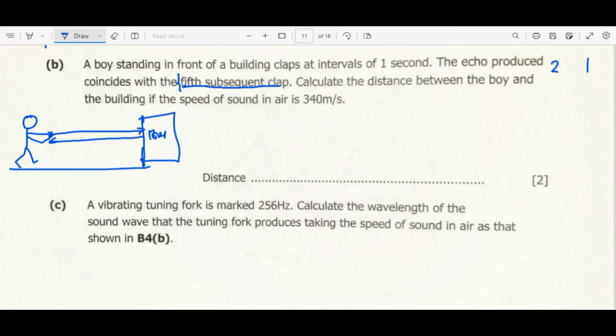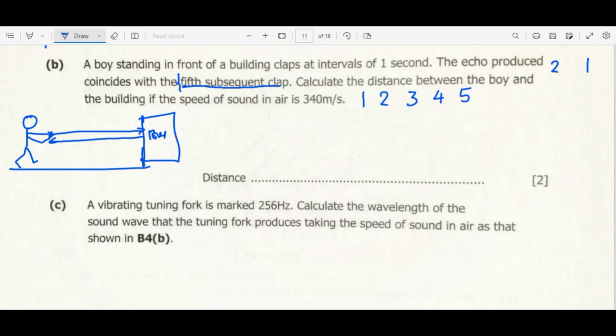But the echo was heard when he was clapping the 5th clap, which simply means that the first clap, 1 second, no echo. Second clap, no echo. Third clap, no echo. Fourth clap, no echo.